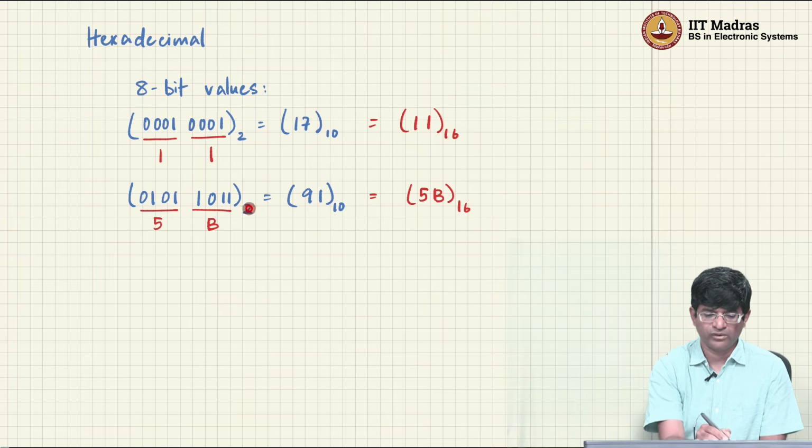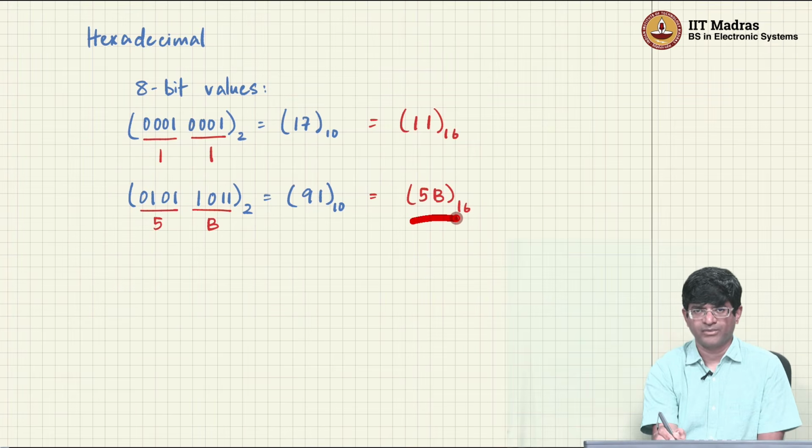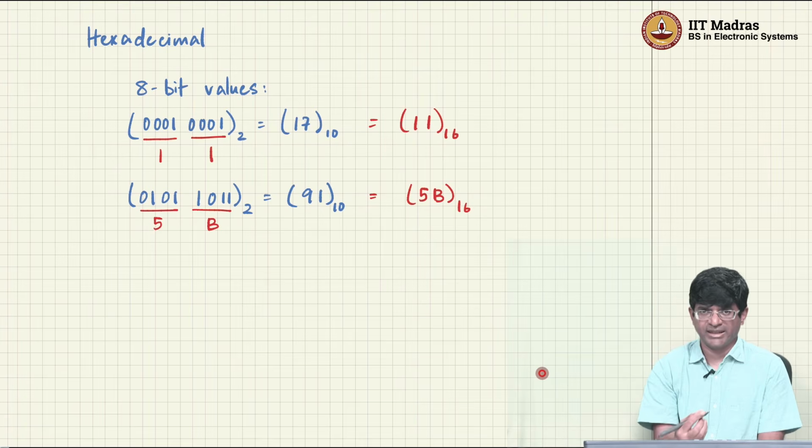What about 01011011? It's 91 in decimal, but in hex, I just group them 4 at a time and say this corresponds to B, this corresponds to 5, it's the value 5B in hex, okay. So effectively it is a much more compact version of binary.